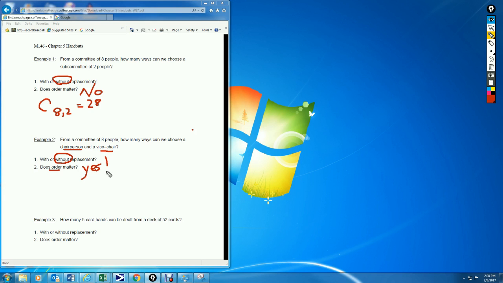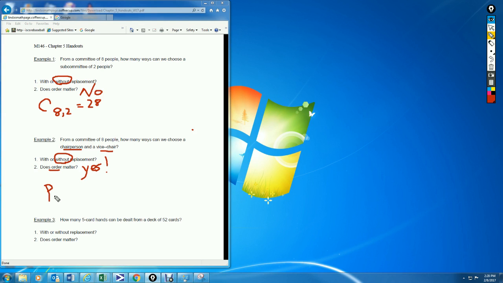So for example, it's different if I picked Paul to be the chair and Tori to be the vice chair than if I picked Tori to be the chair and Paul to be the vice chair. 2 different things. So yes, the order matters, which means we have to do a permutation.